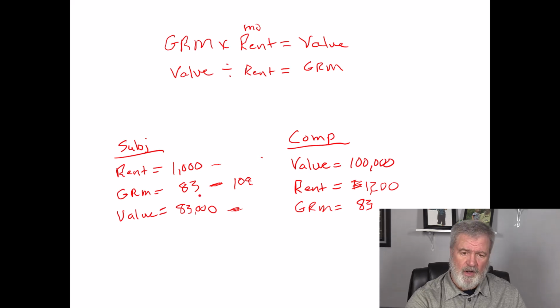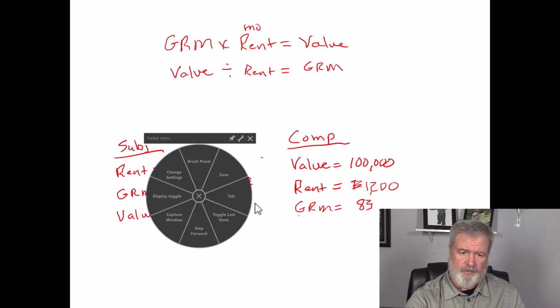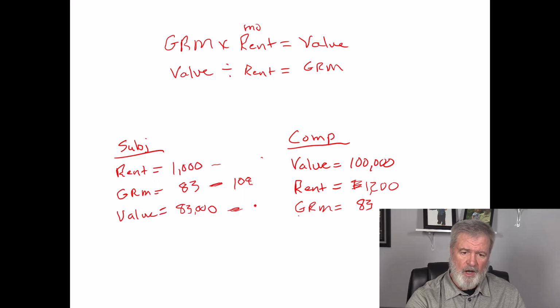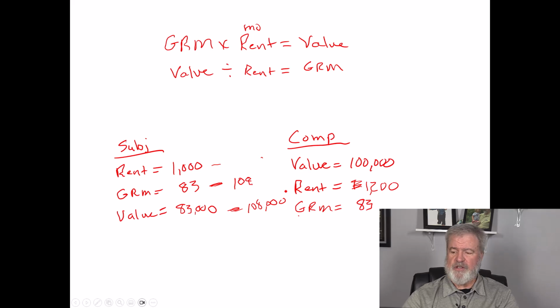So yeah, I would be willing to pay up to $108,000 for that property. So in essence, if it's on the market for $108,000 or less, make the offer. That meets my requirement. Just make the offer.